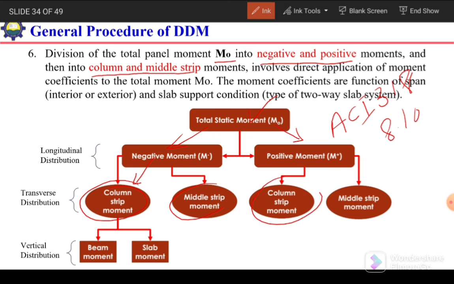The first distribution of static moment into negative and positive moment is termed as longitudinal distribution, and then the negative moment into column strip and middle strip can be termed as transverse distribution, and then this column strip moment is distributed into beam and slab moment. This can be termed as vertical distribution.